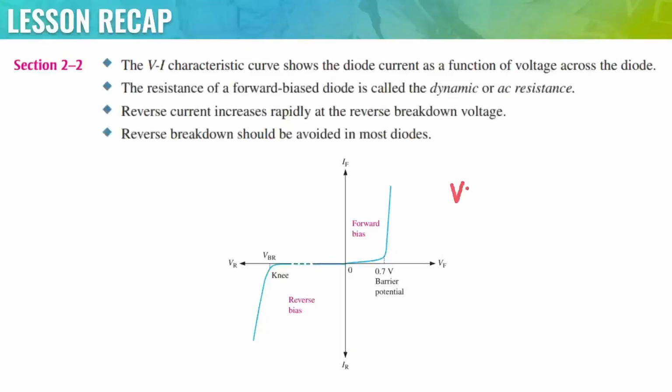We know from Ohm's law that V is equal to IR, thus R is equal to V over I. While you can't see it in this characteristic curve, you can know that resistance can be found using the slope of this diagram. Reverse current increases rapidly at the reverse breakdown voltage. There are 5 regions that we'll be expounding on later.